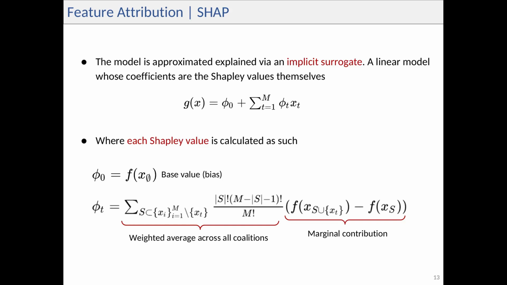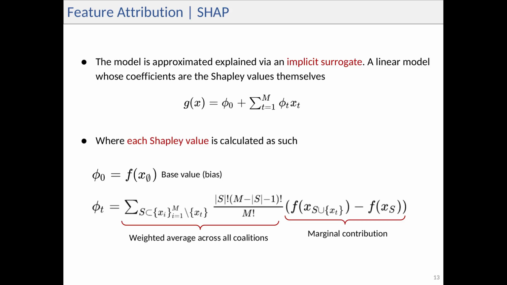And the most important part of this formula is the loss, which is literally the marginal contribution, which is the difference between f on an input x when you have a coalition with the feature xt, minus the f on that instance but without the feature xt. So I have the input x, but we only take input features that are in a coalition.